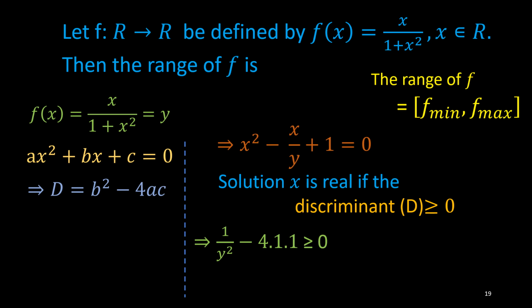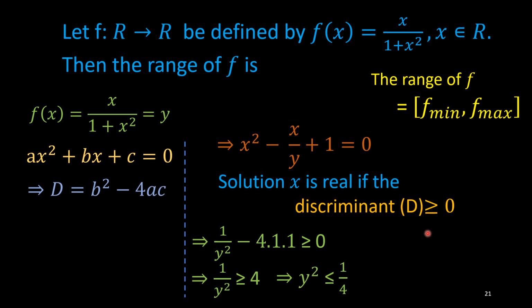In other words, 1 upon y squared should be greater than or equal to 4. Now I can take the reciprocal of this. So y squared is less than or equal to 1 upon 4. If I take the reciprocal on both sides, then since both are positive, the greater than or equal sign becomes less than or equal to.